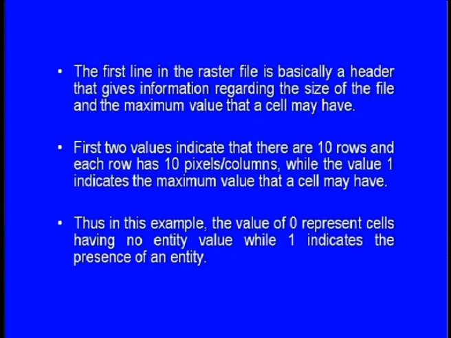The first two values indicate that there are 10 rows and each row has 10 pixels or columns, while the value 1 indicates the maximum value that a cell may have. Thus, in this example, the value of 0 represents cells having no entity value, while 1 indicates the presence of entity values.